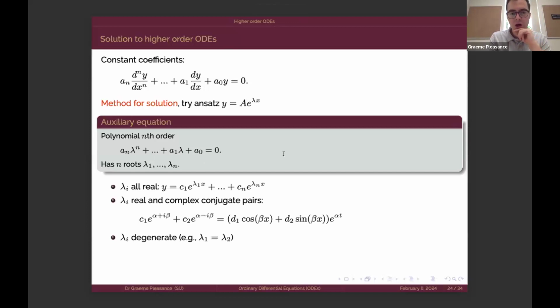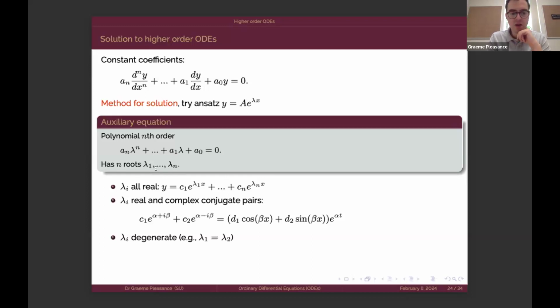Okay, and so I won't go over too much of the details of this, but based on the properties of our auxiliary equation, these solutions will have a particular form.